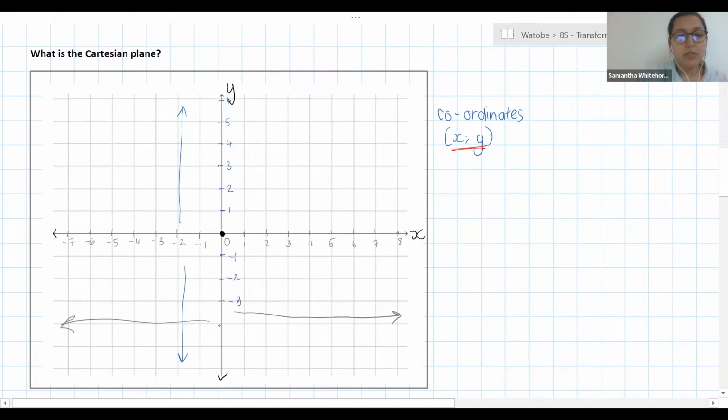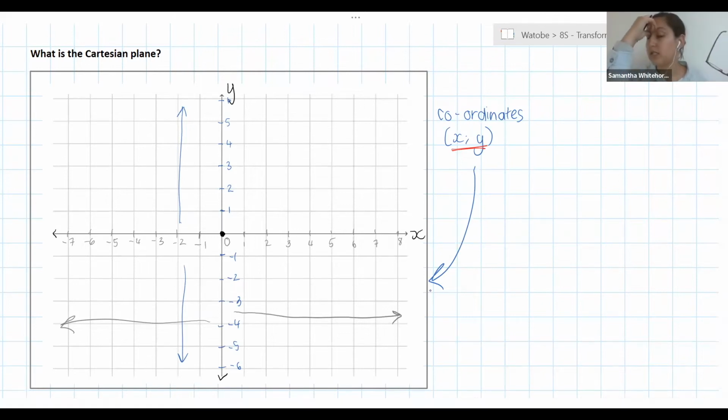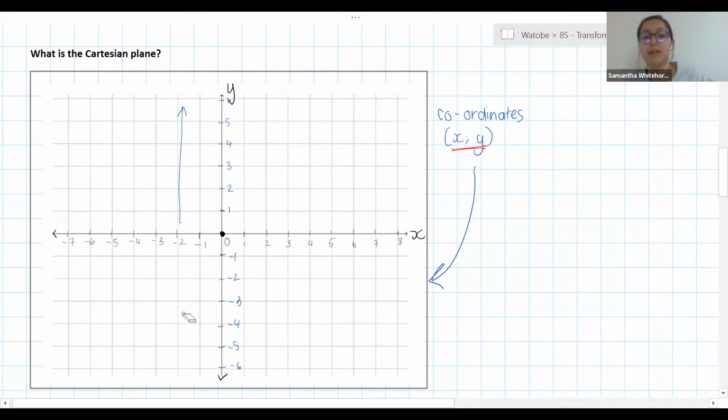Why it's so important to have all of these values is because when I want to plot a coordinate, I have these numbers that I can refer to. So this is why I say a Cartesian plane is like a map. As long as I've got a very specific x and y value, I can pinpoint its exact location on a Cartesian plane.